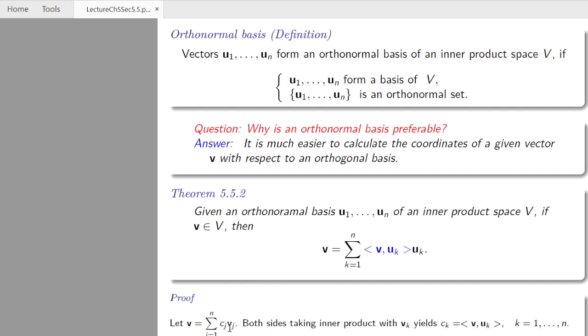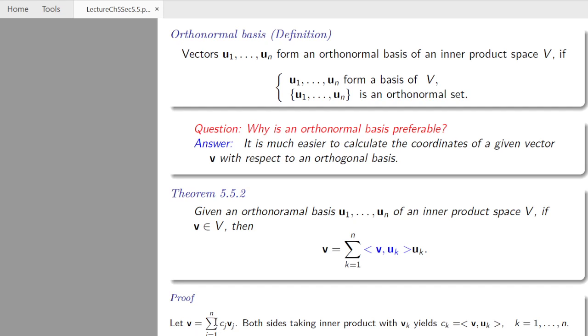The reason why we can write this down is because u1, u2 to un is a base for the vector space V, so that each vector in the vector space V can be written as a linear combination of the base.